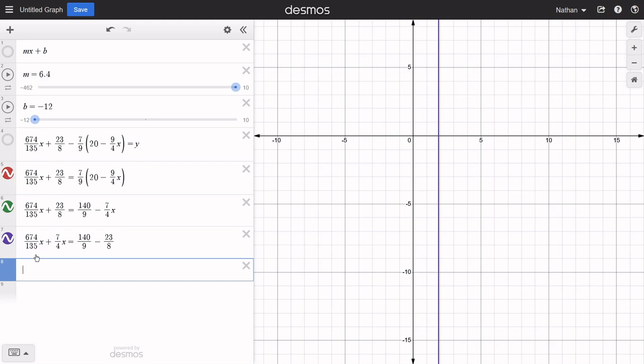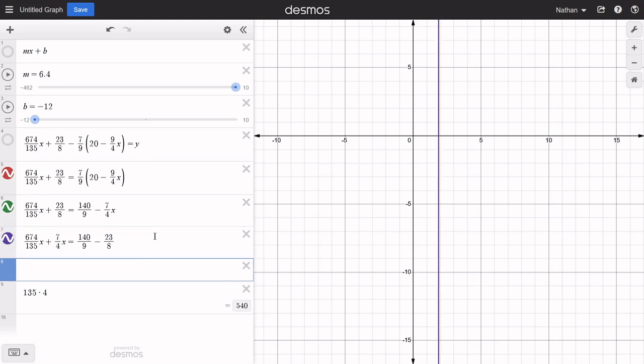135 is divisible by 5. Yeah, 5 and 27. 27 is just 3 times 3 times 3. So 4 doesn't have any common factors between 135. So the least common denominator is going to be 135 times 4. In other words, I need to multiply this first fraction by 4 over 4, and this one by 135 over 135.